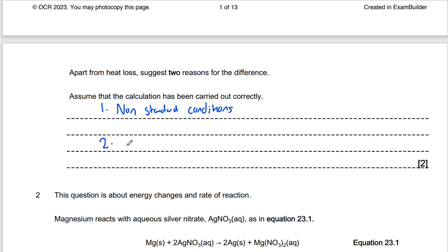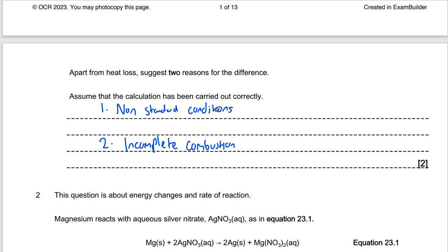And the second one is we are assuming it is undergoing complete combustion. It probably isn't. Not all of it, most of it will be, but some of it will be incomplete combustion, which is not the same. So we're going to have some incomplete combustion in there as well, which changes the outcome.